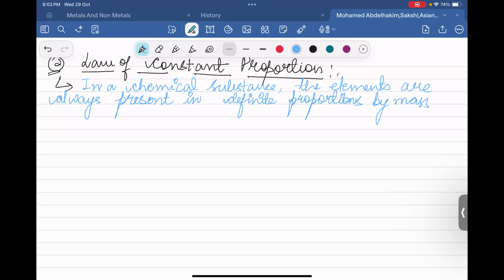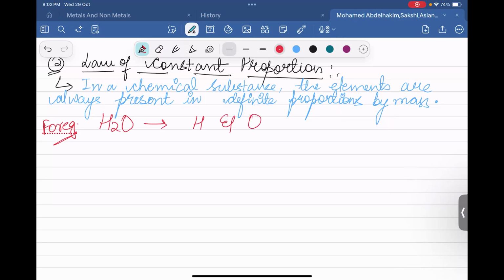Ma'am, what do you mean by definite proportion? Okay, I'm telling, just write it. For example, we have water. It is made up of two elements, hydrogen and oxygen.